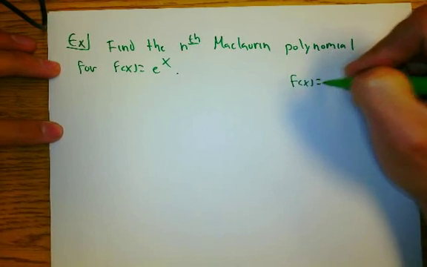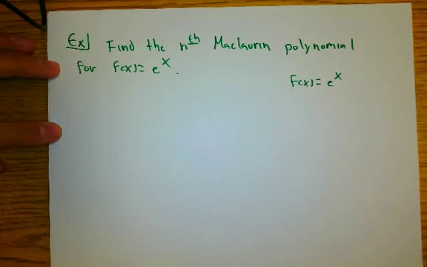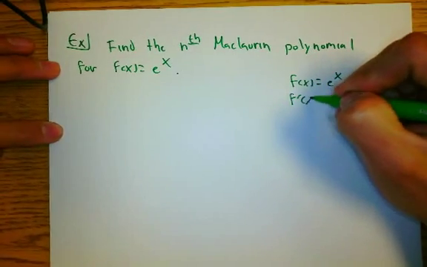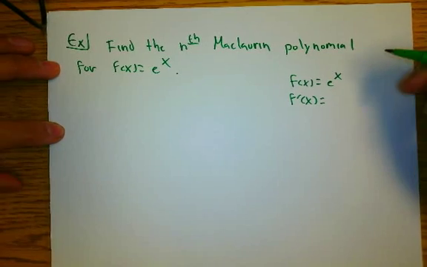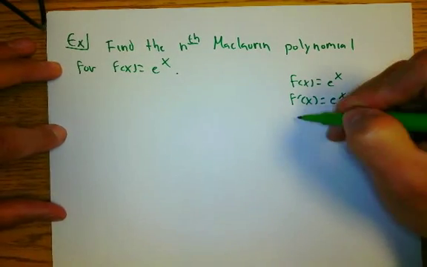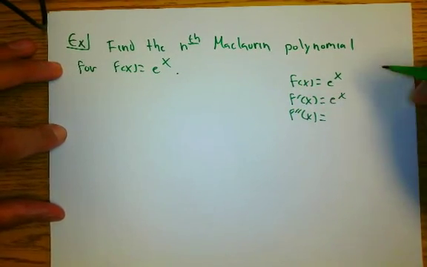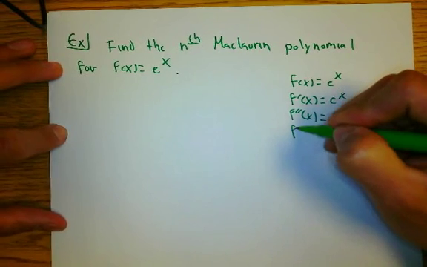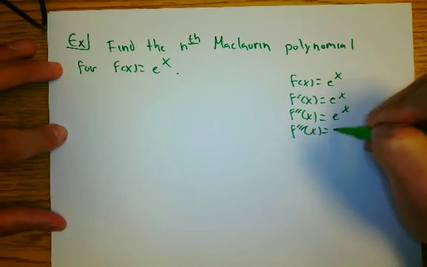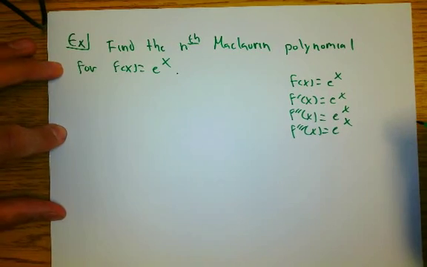We know that f of x equals e to the x. If you look at the formula, this depends on a whole bunch of derivatives, so you're going to have to find a whole bunch of derivatives here. What is the derivative of e to the x? E to the x. What is the second derivative? E to the x. E to the x. So as you can see, we did something very, very simple.